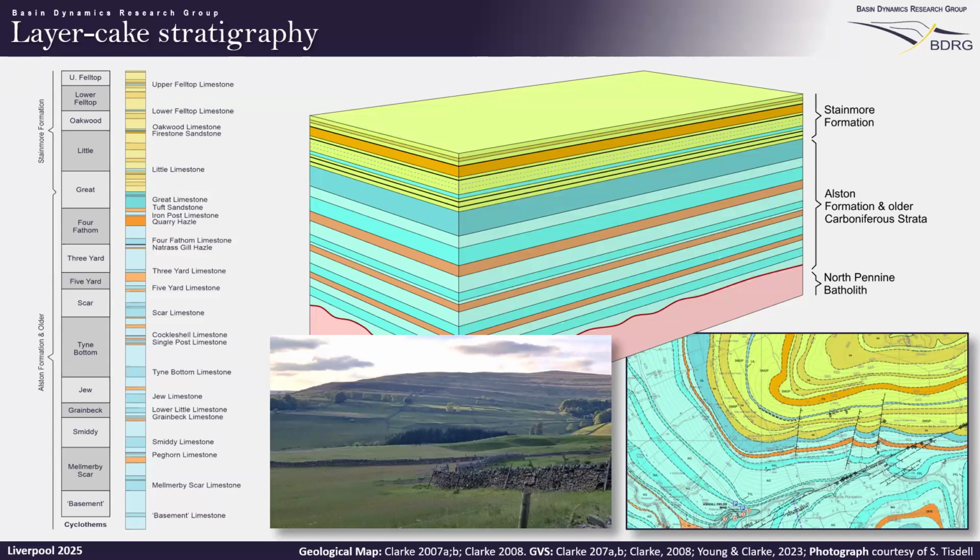So that's our model, and you can understand why it is so ubiquitous. If you look at the landscape, this is the title slide, you can see all of these ridges, which are tram-lined. They're parallel to each other, and those ridges are the hard limestones or hard sandstones forming the rocks.